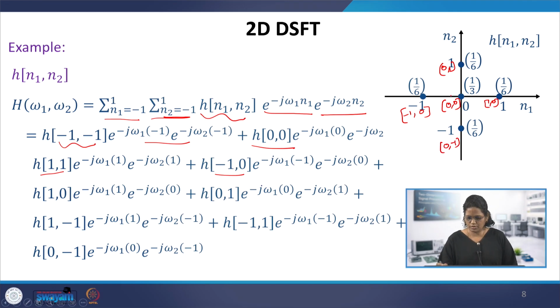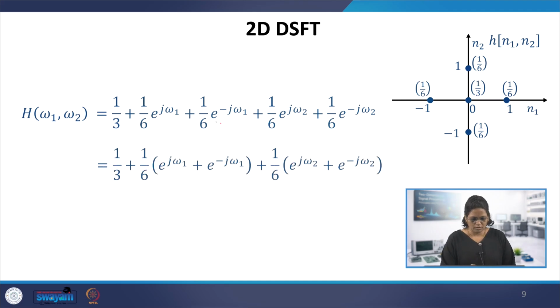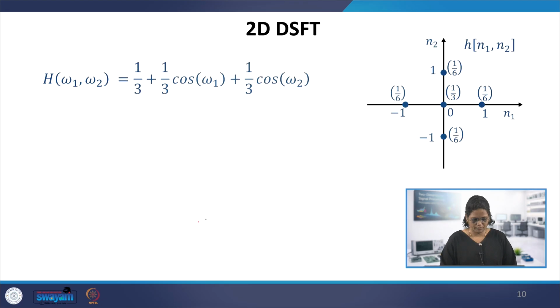So substitute the corresponding h here, and you would get these values. H(omega 1, omega 2) is simplified to 1 by 3, 1 by 6, and these 5 samples exist in that, others would become 0. So combining these two components and these two components, this can be written as 2 cos omega 1, and similarly this is 2 cos omega 1. So the common term can be taken as 1 by 3 cos omega 1, 1 by 3 cos omega 2.